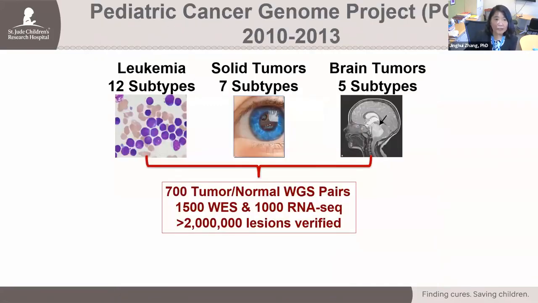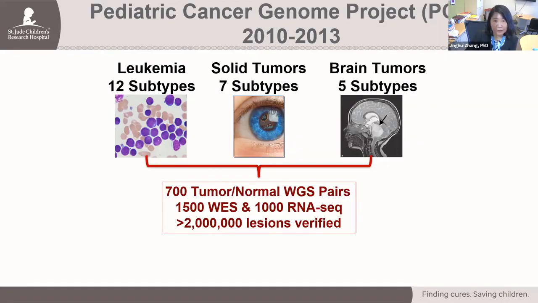So our journey on pediatric cancer genome analysis starts from the research perspective, with the launch of the Pediatric Cancer Genome Project in 2010, where we analyzed major high-risk subtypes of leukemia, solid tumor, and brain tumor. For this effort, we have analyzed paired tumor whole genome sequencing data from 700 patients, whole exome sequencing of 1,500 patients, and over 1,000 RNA-seq.